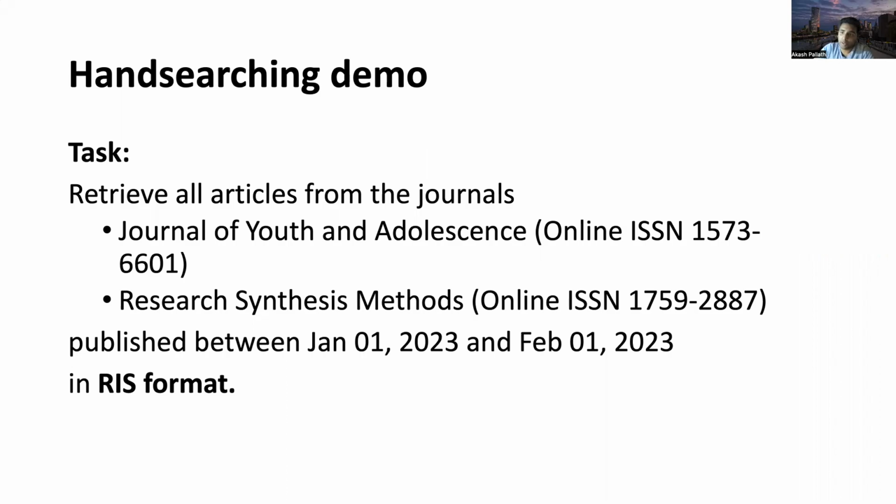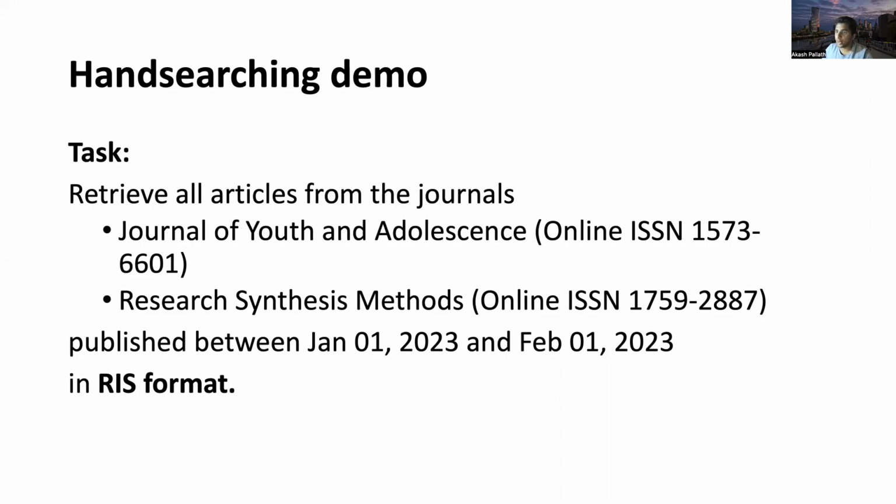We're going to retrieve this metadata in the RIS format, which is a format that's easy to import into various citation management tools such as Zotero, and also into systematic review screening tools such as Covidence.